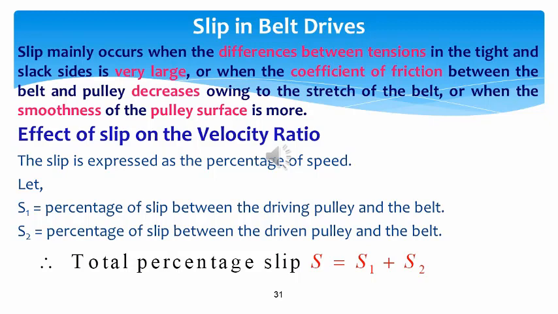So the slip is expressed as a percentage of speed. S1 is the percentage of slip between the driving pulley and the belt, and S2 is the percentage of slip between the driven pulley and the belt. Then the total slip between the belt and the pulley system will be S1 plus S2, S is equal to S1 plus S2.